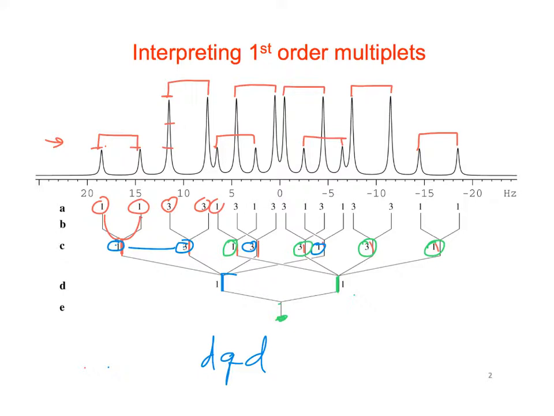Okay, so the first doublet is the easiest one to figure. It would be just the distance between any of these doublets, right? And so if we could estimate this, it looks like about maybe 4 hertz or so, right?